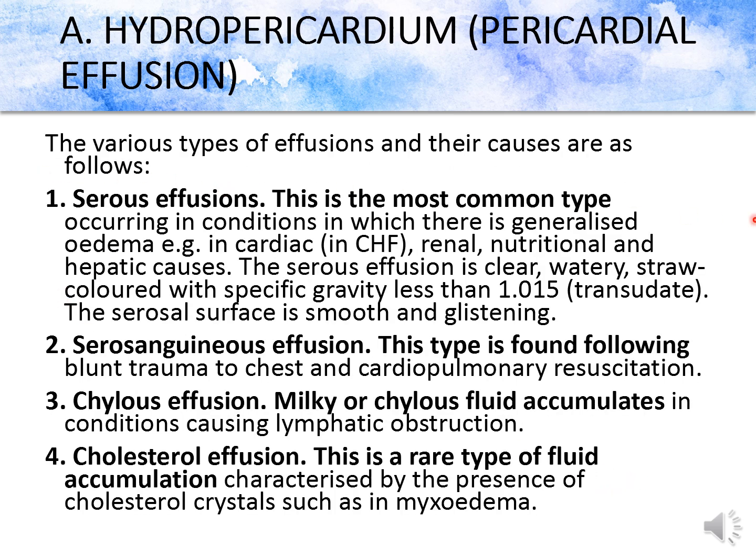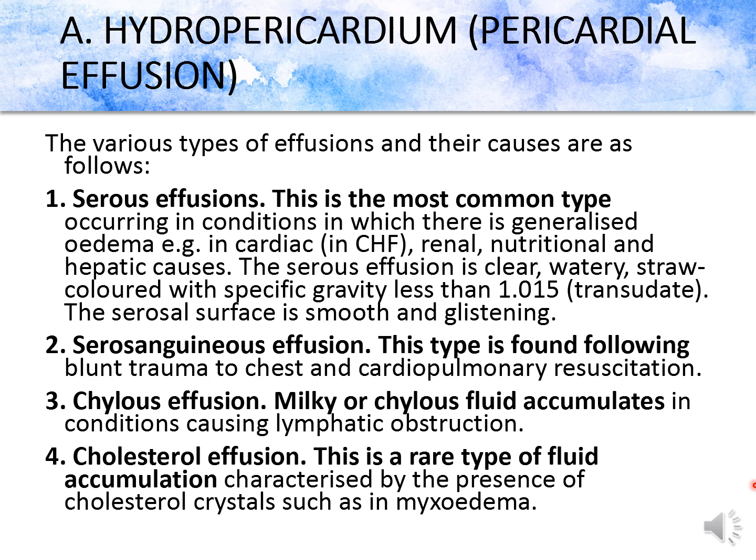There are various types of effusions. Serous effusions, this is a commonly occurring condition in which there is generalized edema, for example, cardiac edema, renal, nutritional, hepatic causes of such edema. The serosal surface is smooth and glistening.